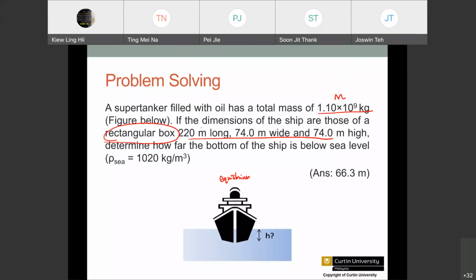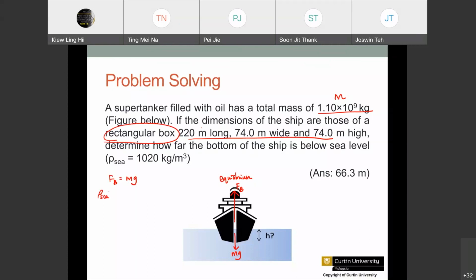So from our free body diagram, with a mass, there is a downward force, which is the weight. And since this is dealing with water or fluids, an upward force, the buoyant force. So free body diagram, upward force equals downward force. We have buoyant force equals mg. Expand your equation, rho Vg, so that will be density of the sea.